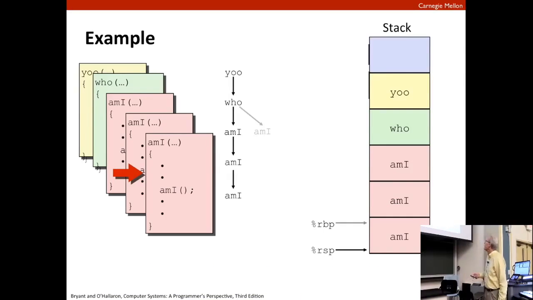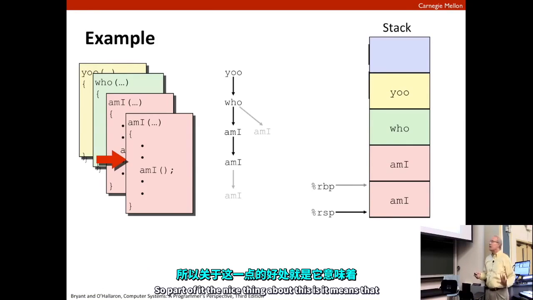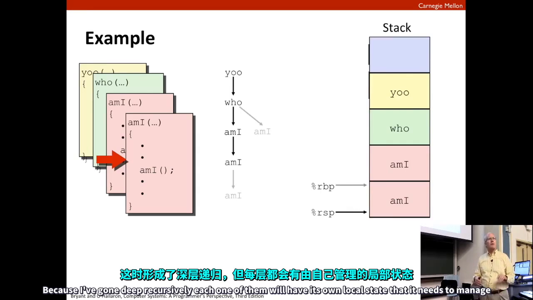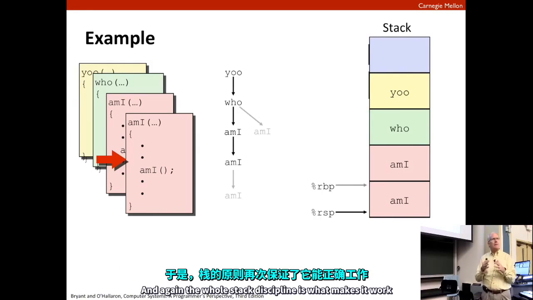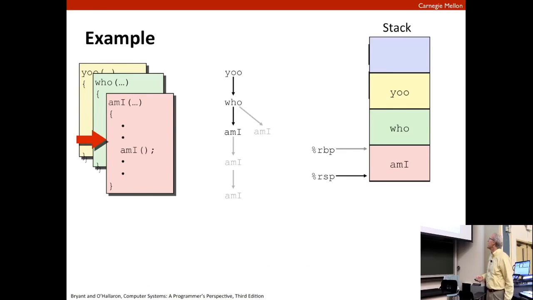That's an aside. And then as these begin to return, those frames get deallocated, removed from the stack. So part of the nice thing about this is that if I have multiple calls to MI, because I've gone deep recursively, each one of them will have its own local state that it needs to manage. And again, the whole stack discipline is what makes it work.